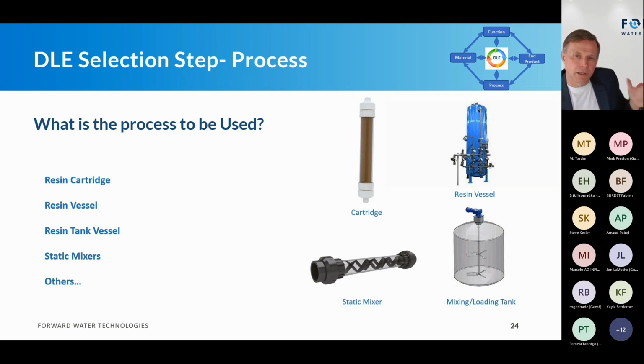So rather than just loading it into a static vessel, putting the brine in and letting it soak, people are working on whether they can create a continuous online process, or maybe this is the way to mix the materials with the brine.